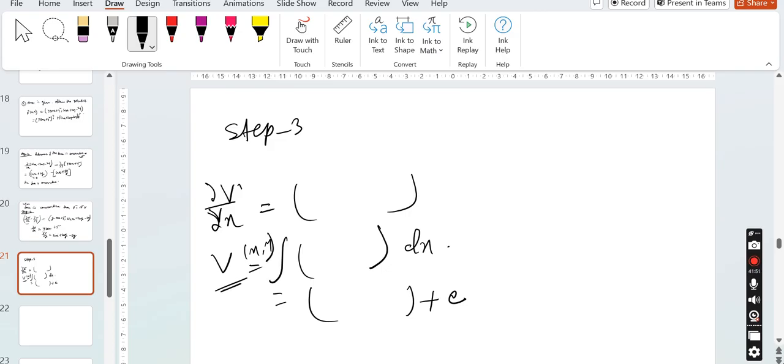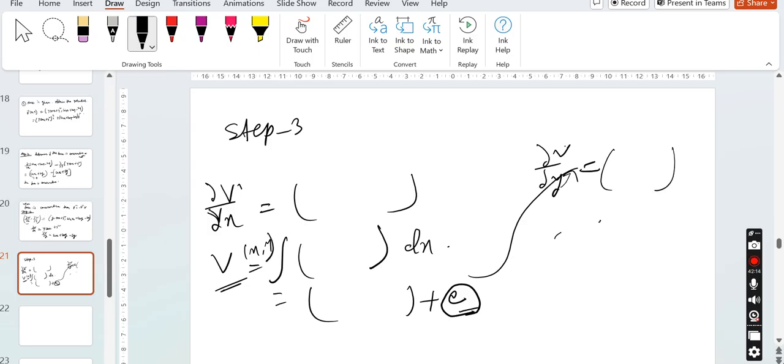Now you also have del v del y, right? So basically what you can do is take that del v del y, equate it with the del v del y we have, and obtain the unknown c.